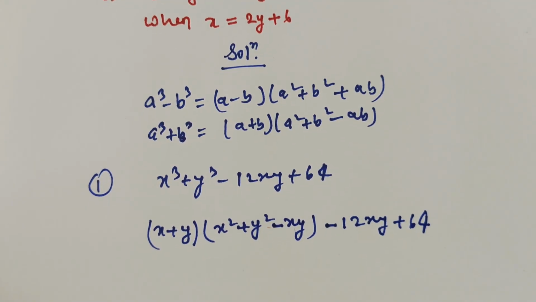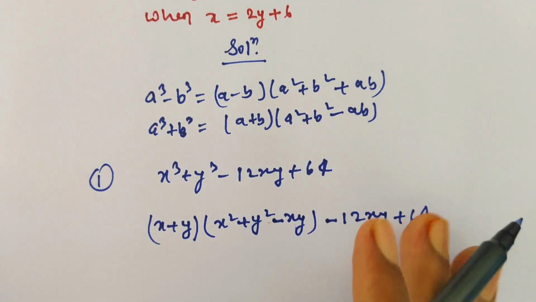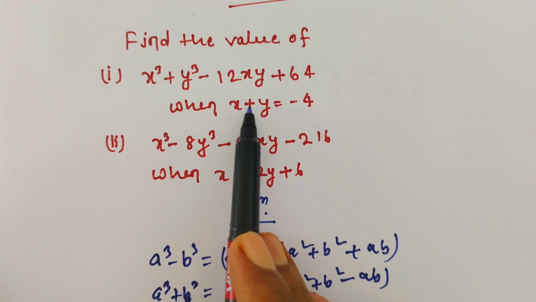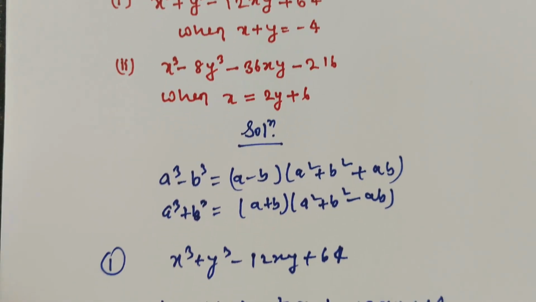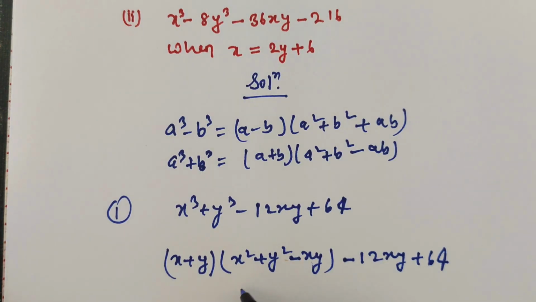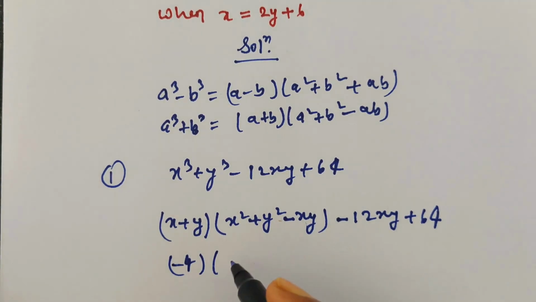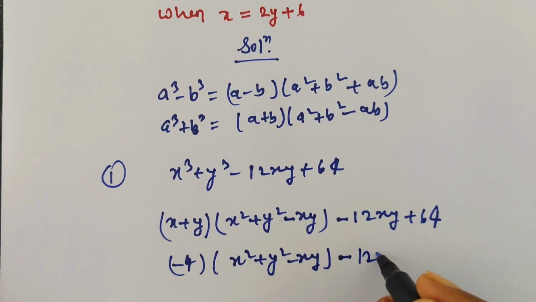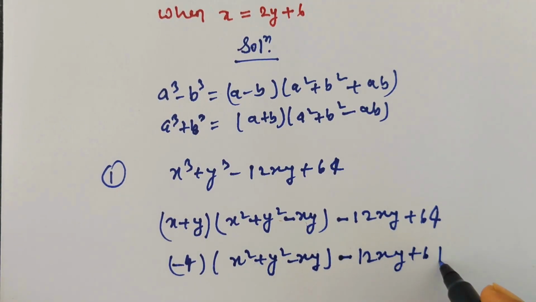The condition given is x plus y equals minus 4, so we must put it here. So x plus y equals minus 4 in brackets, and simply write x square plus y square minus xy minus 12xy plus 64.